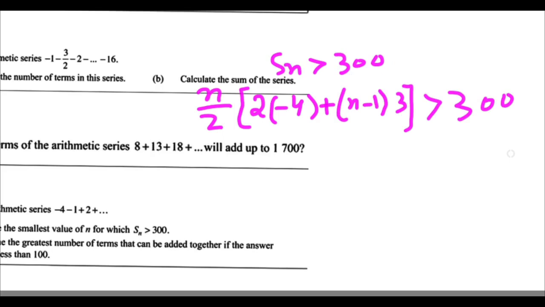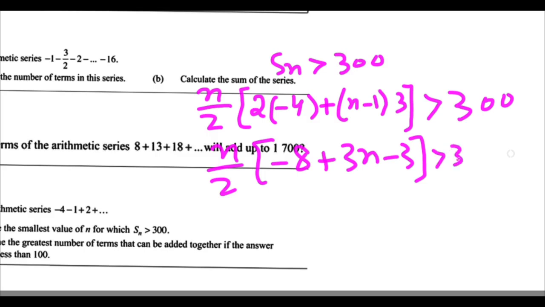So Sn we put greater than 300. Now we're gonna solve here, same like equal sign, but just a greater sign here. So it's gonna be n over 2 big bracket, this become -8 plus 3n minus 3. I simplify, greater than 300.